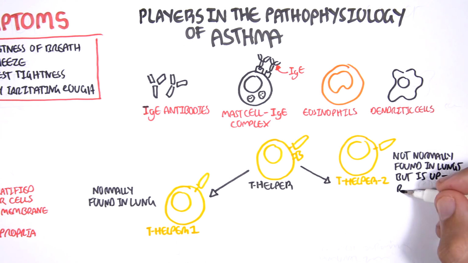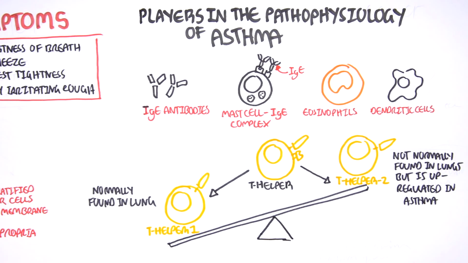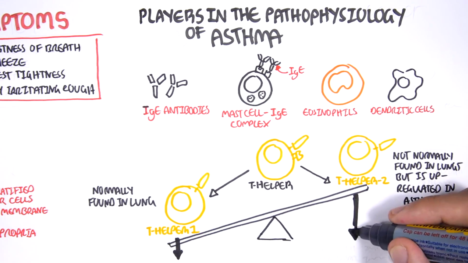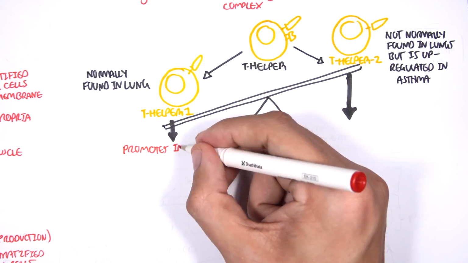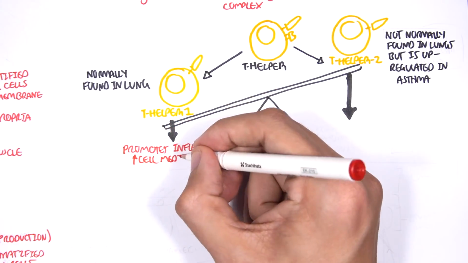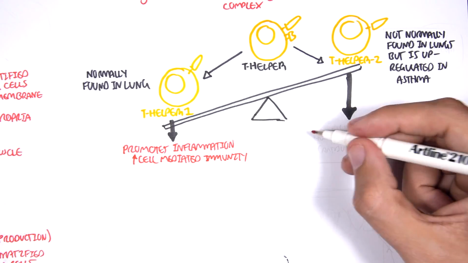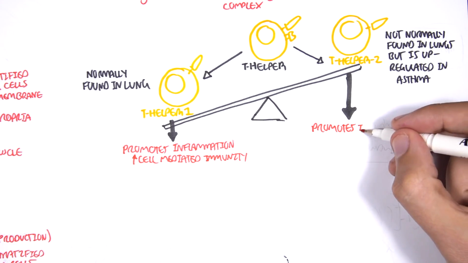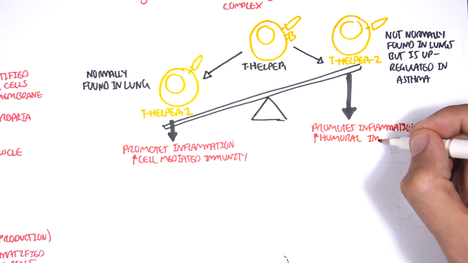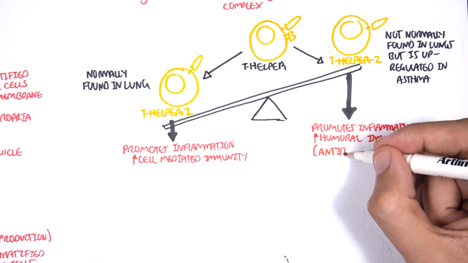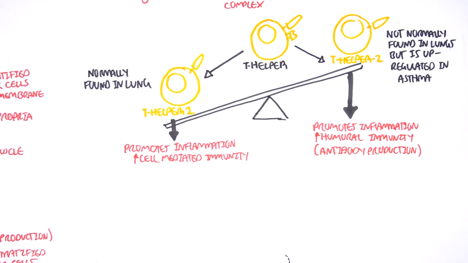So we have more T helper 2 cells in the lungs of asthmatics. T helper 1 normally promotes inflammation by increasing cell-mediated immunity. However, T helper 2 cells promote inflammation by increasing the humoral immunity, so promoting antibody production. So I hope you can see how this correlates.